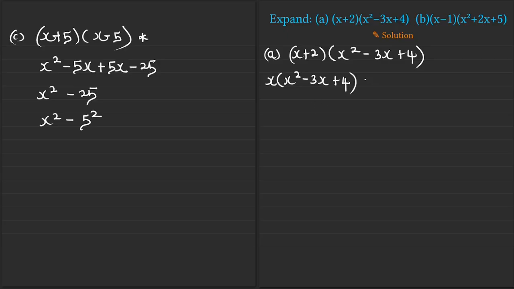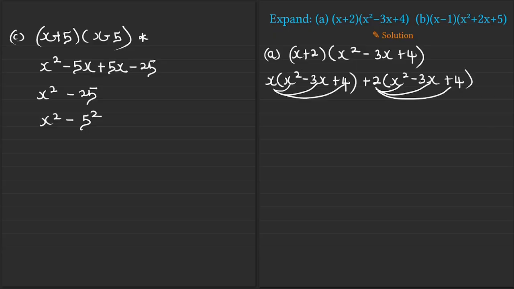Then we have a positive 2, so plus 2 into bracket x squared minus 3x and then plus 4. So with that, you are going to apply your distributive law. With that, we mean x is multiplying each and every term in the bracket.